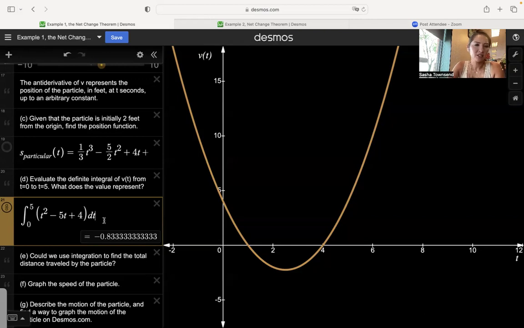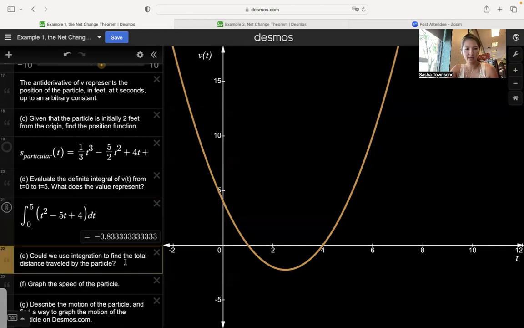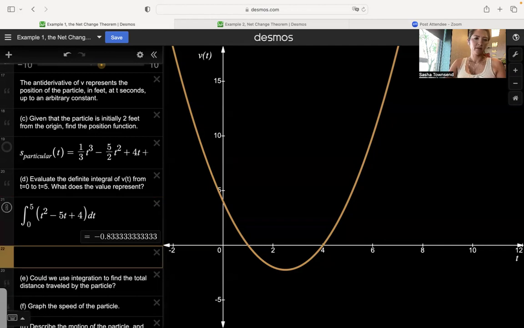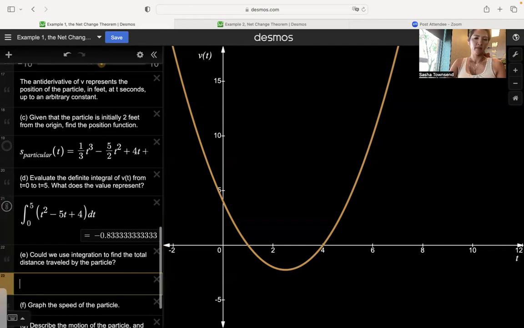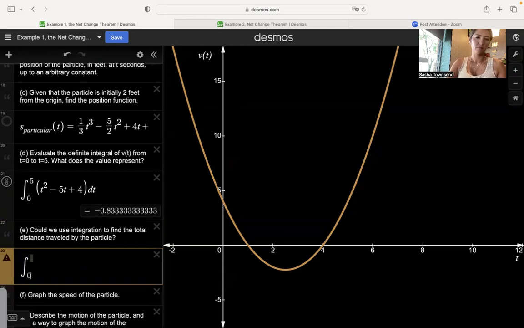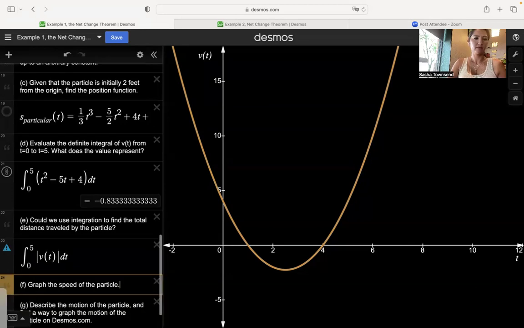Now we are asked to use integration to find the total distance traveled by the particle. If we want to find distance traveled, we don't want to integrate velocity, we want to integrate speed. So we will take the integral from 0 to 5 of the absolute value of v of t.